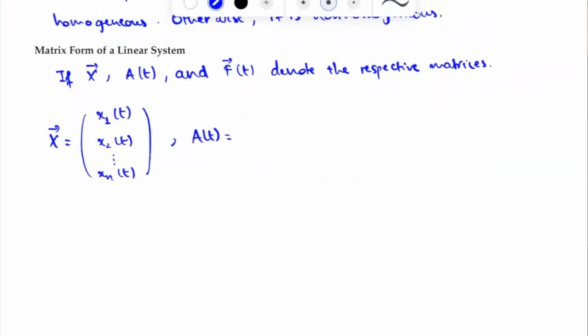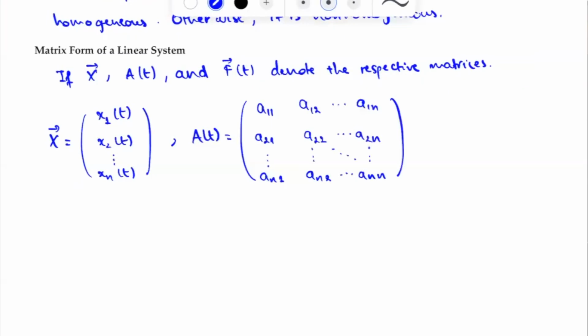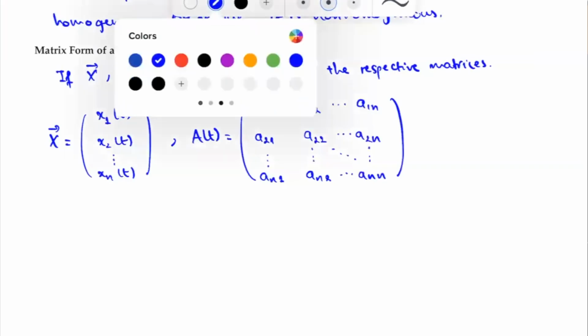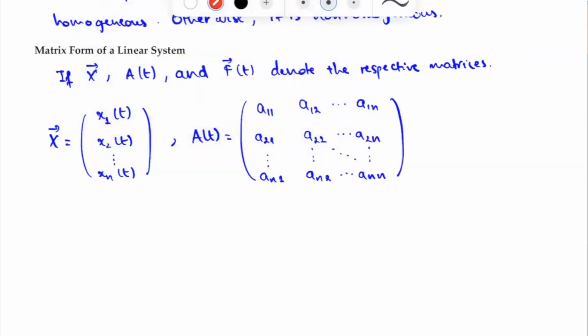For A of t, I have a11, a12 up to a1n, then a21, a22 up to a2n, and then an1, an2 up to ann. So this is the n by n matrix. The matrix is just a collection of numbers, and you put those numbers in rows and columns. Because these entries are collected from the coefficients of the dependent variables, we call this matrix a coefficient matrix.